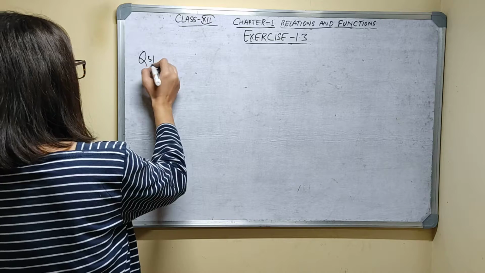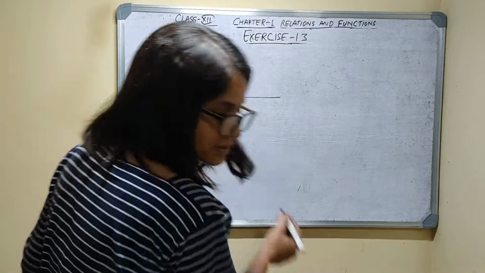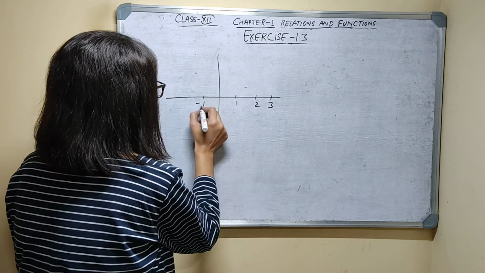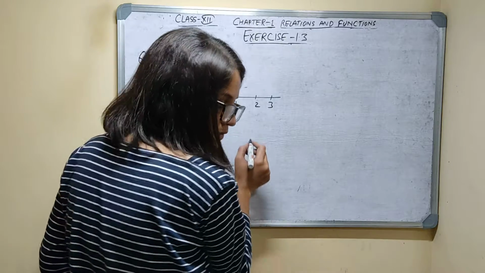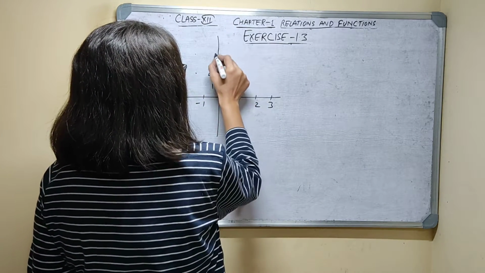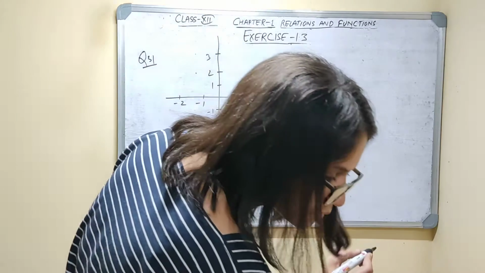Question number 31. Draw the graphs of the following functions. First I will draw a graph. 0, 1, 2, 3, minus 1, minus 2.